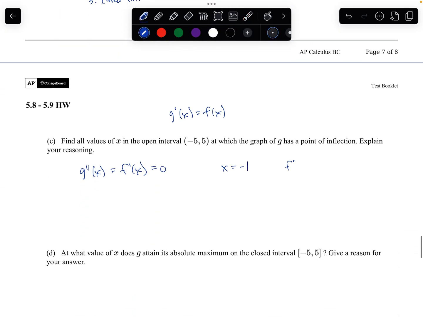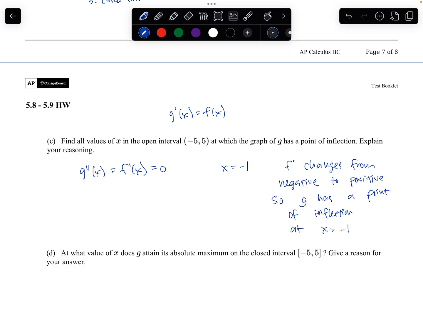So f prime changes from negative to positive. So G has a point of inflection at x equals -1. Yep.